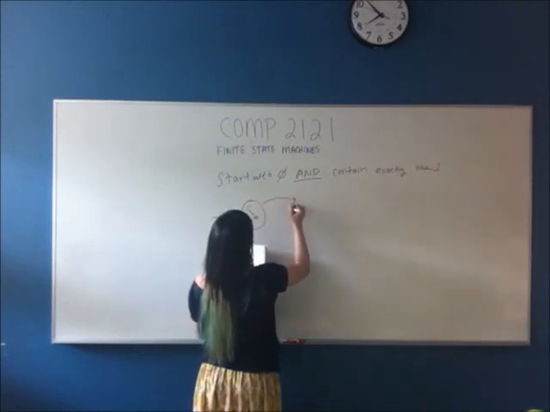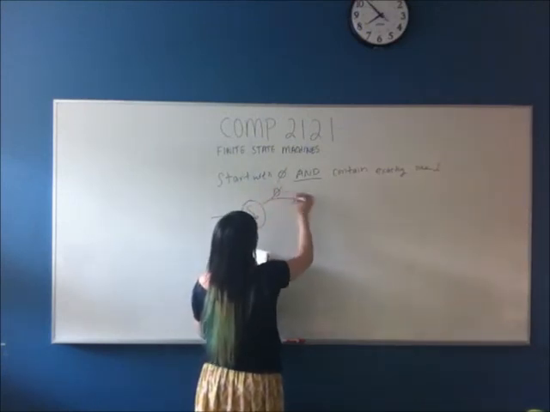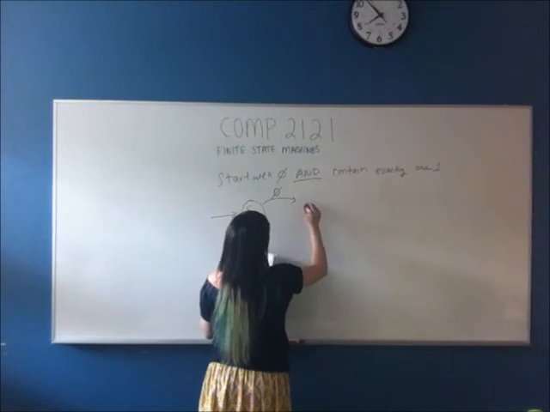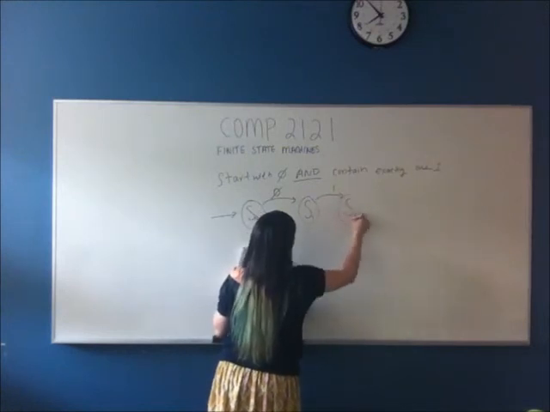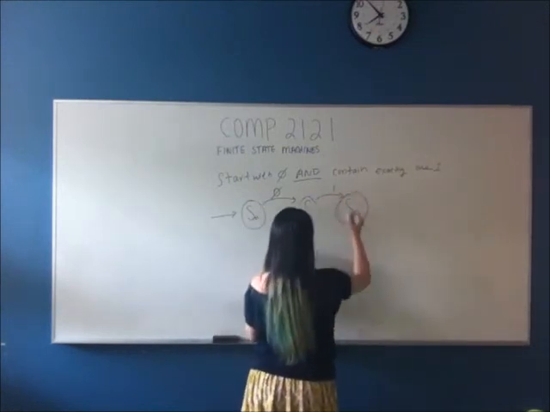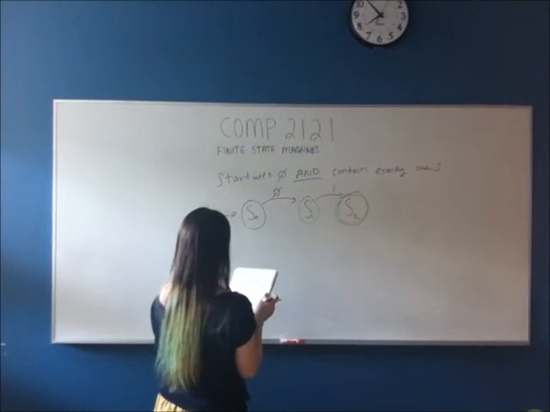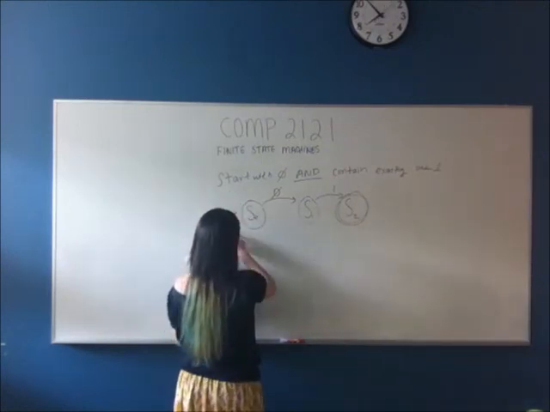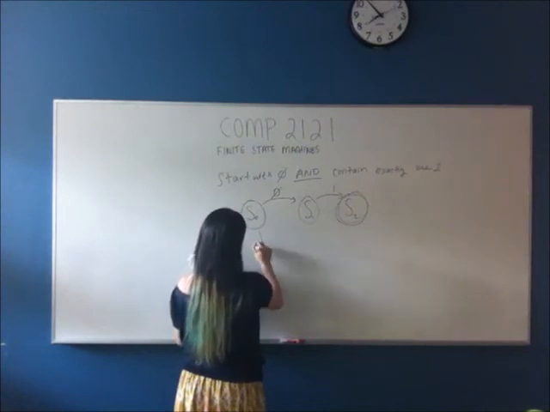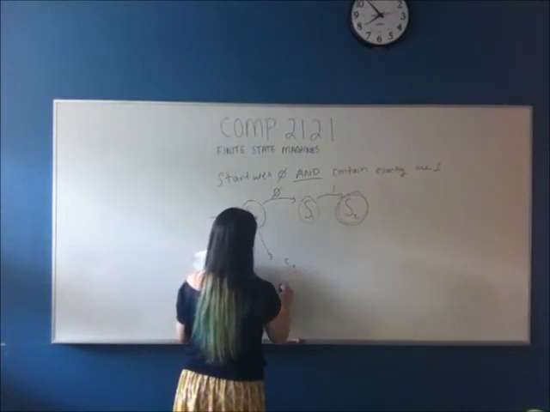And the shortest string could be 0, 1, 1. So because it says you have to start with 0, if you put a 1 in, it automatically fails into S3.